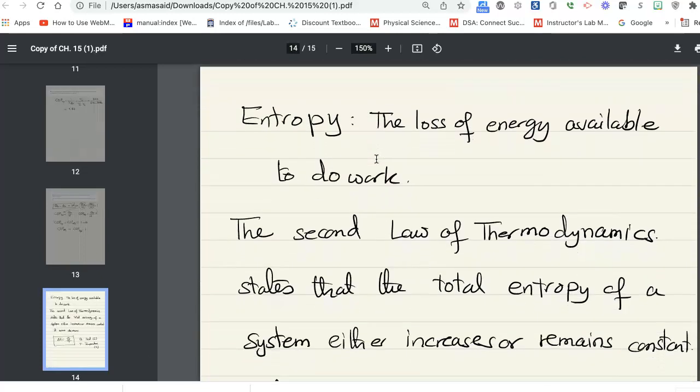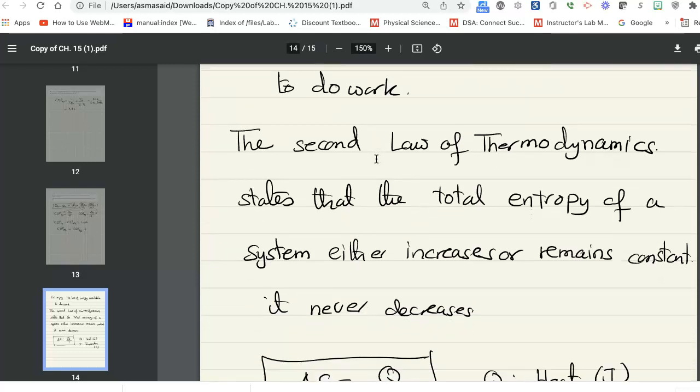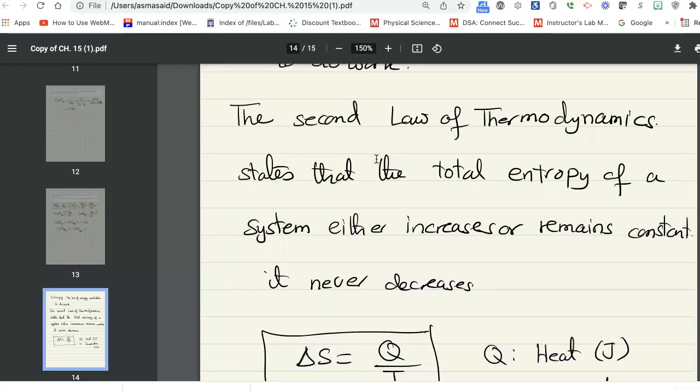The last thing that we are going to talk about in this chapter is entropy. I will say entropy is related to the chaos in the system, or what is called the disorder. And we can also say it's the loss of energy available to do work. The second law of thermodynamics has many statements.